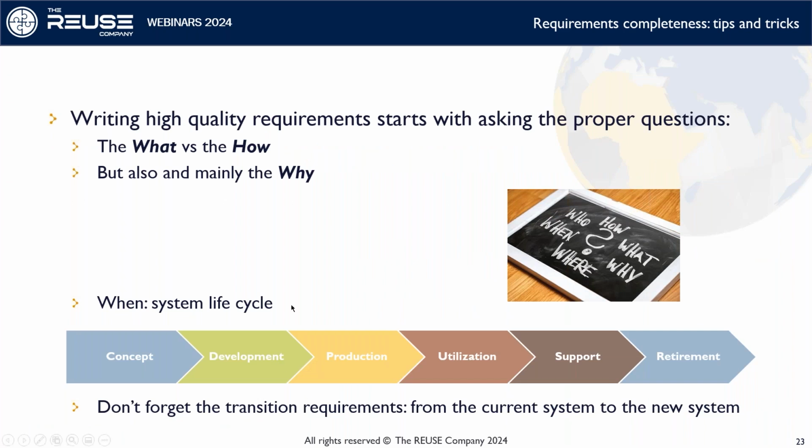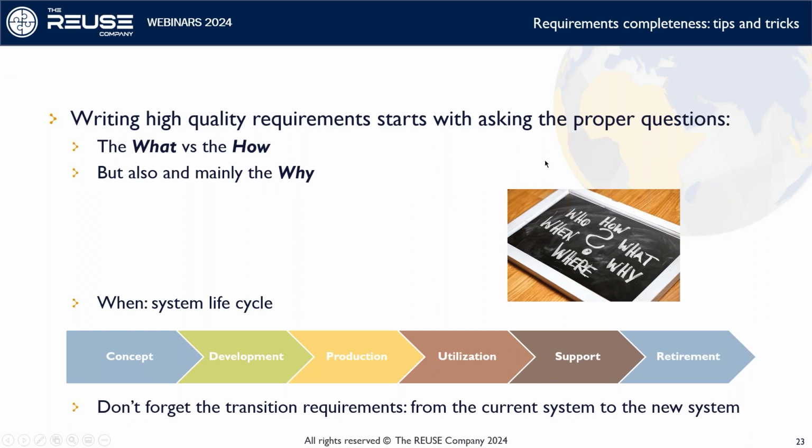So it's also important to have in mind the system life cycle, so when in the life cycle the requirement is being defined. We have early requirements definition in the development. We have requirements before the production. We have requirements also for the maintenance. So we have different aspects.